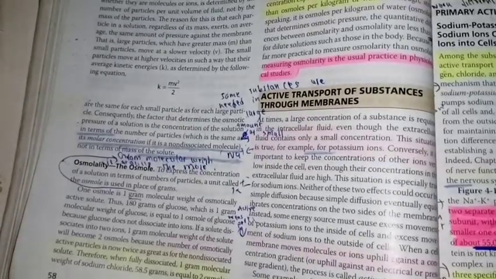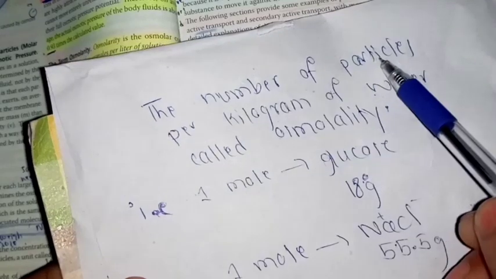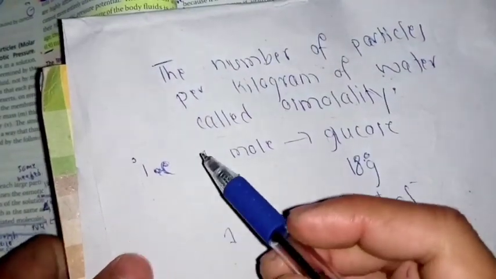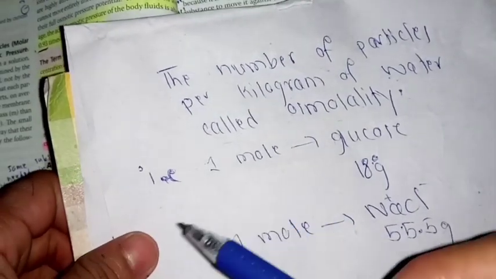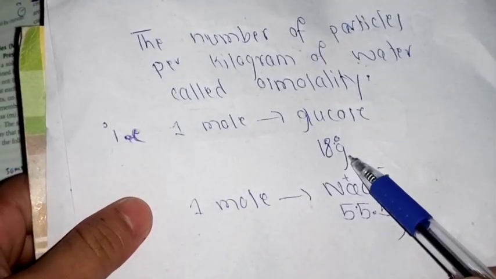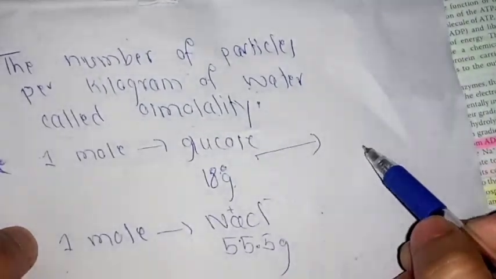Osmolality. What is osmolality? Now I'll show you what is osmolality. The number of particles per kilogram of water is called osmolality. Now, if we take some examples for your understanding, 1 mole of glucose is equal to 180 gram of glucose, and this glucose cannot disperse into separate particles in a solution.